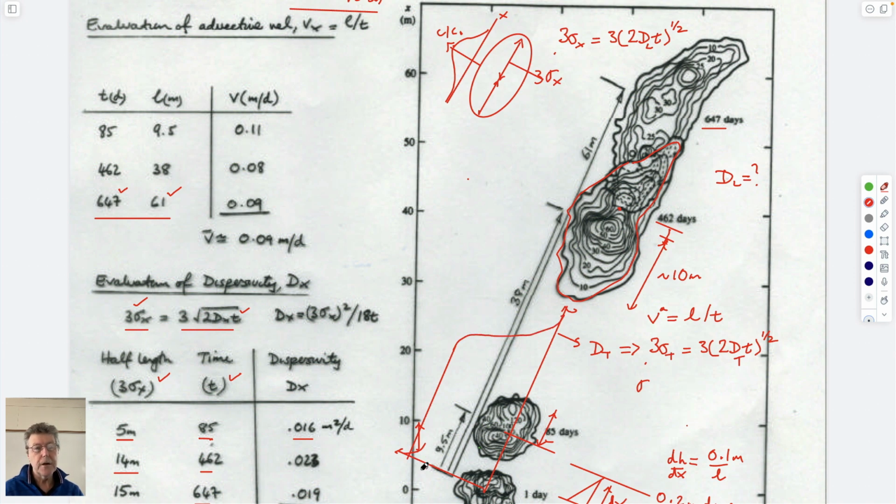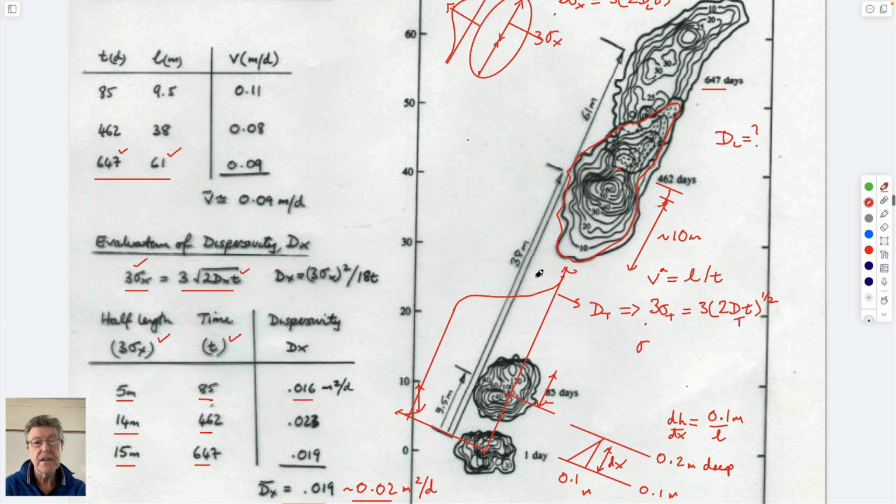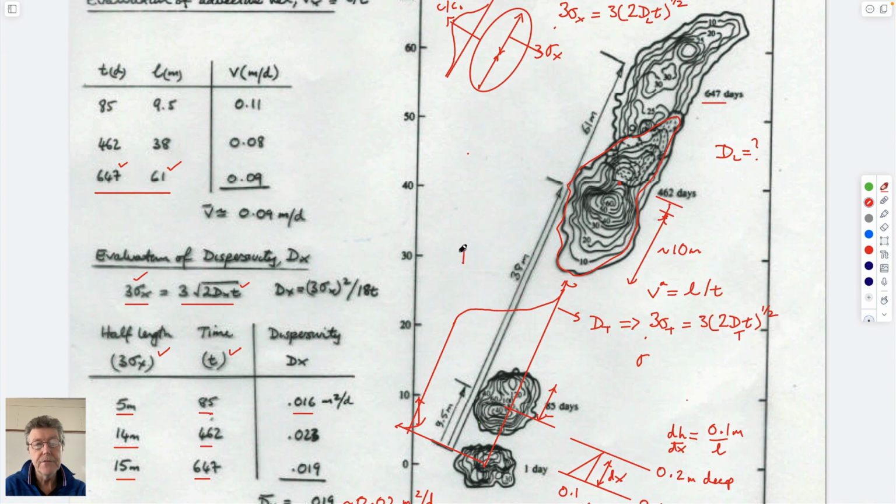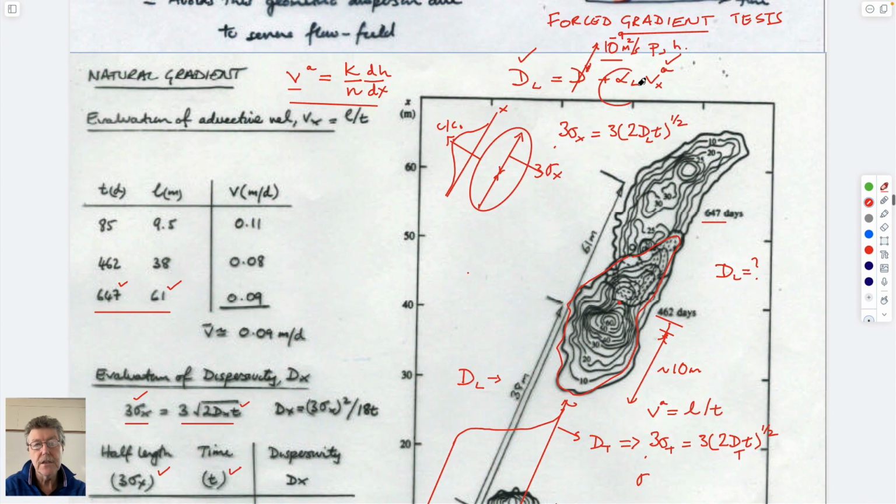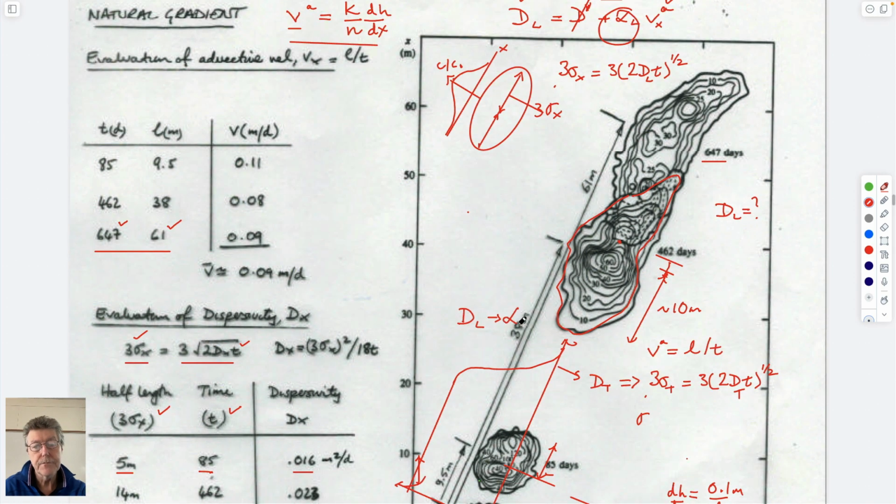This is for a constant upstream source, and it just gets longer and longer as you go down. So you could imagine going to lots of places where you have these observations and calculate from them the magnitude of dL and use that to calculate the coefficient that goes into that, alpha L.